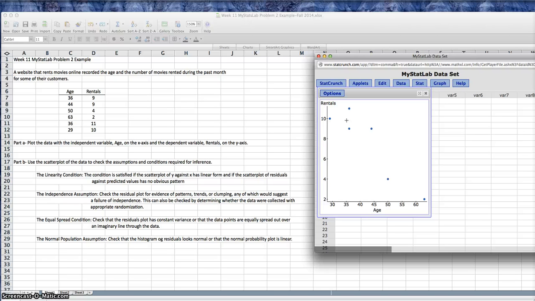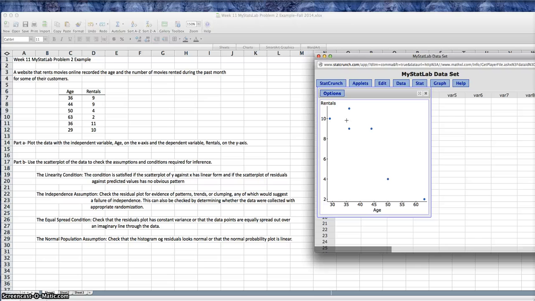The second condition is the independence assumption. Check the residual plot for evidence of patterns, trends, or clumping, any of which would suggest a failure of independence. This can also be checked by determining whether the data were collected with appropriate randomization. Well, we cannot determine if the regression errors are independent from the given information.